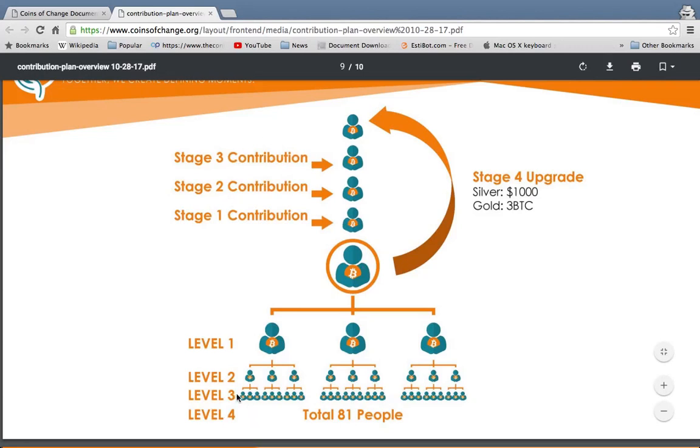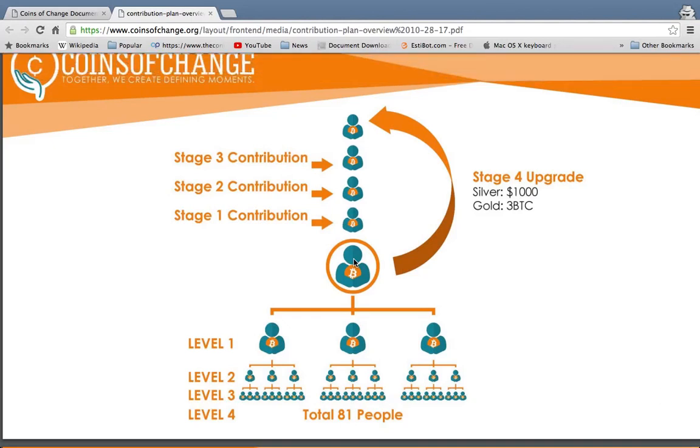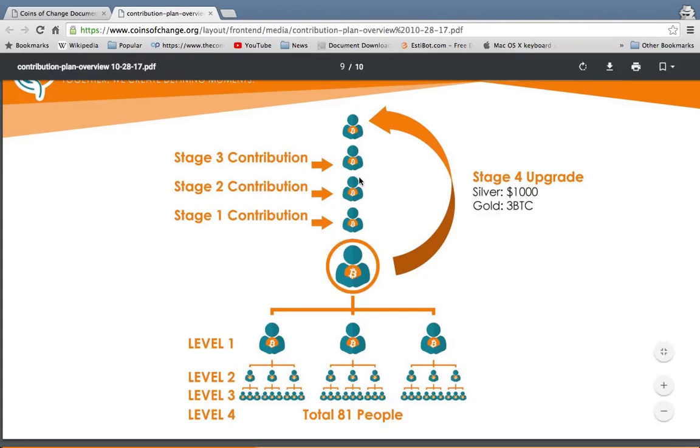Now imagine your people down here. When they upgrade to stage 4, they're doing the same thing that you're doing here. So when we think about this, we're always looking at, okay, I'm on stage 3, I'm on stage 4, I'm upgrading. But what you have to always remember is this is a pay it forward system.